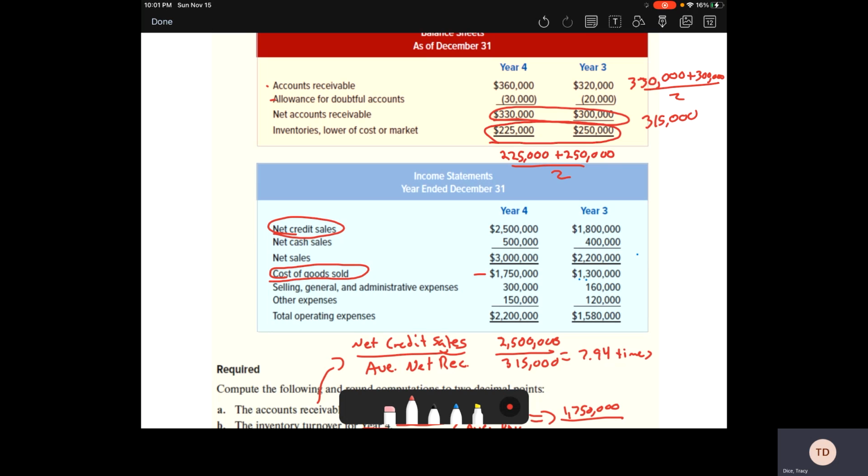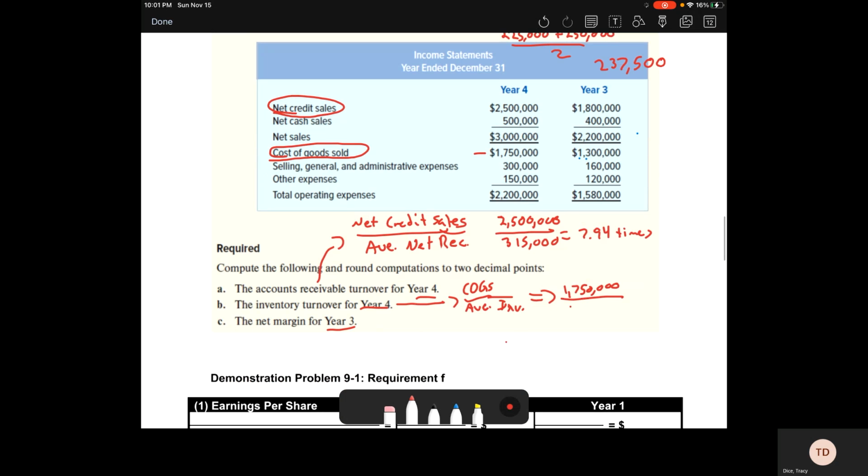When you do that, you should get 237.5. Again, do the math. And you should find that your answer is 7.37 times.